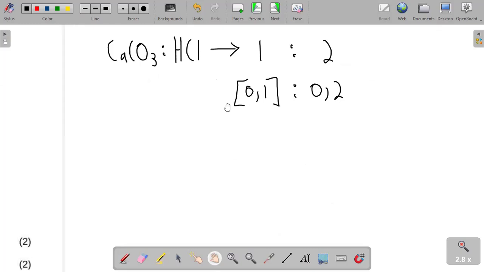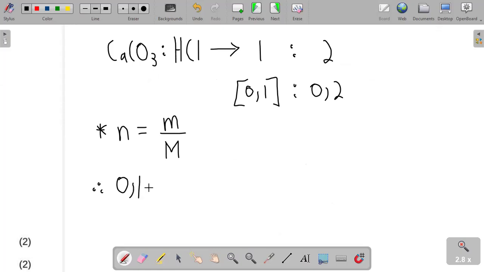Now watch what's going to happen. That number of moles will help us to find the mass, isn't it? Because then we're going to come here and say n equals m over M, and substitute that here.